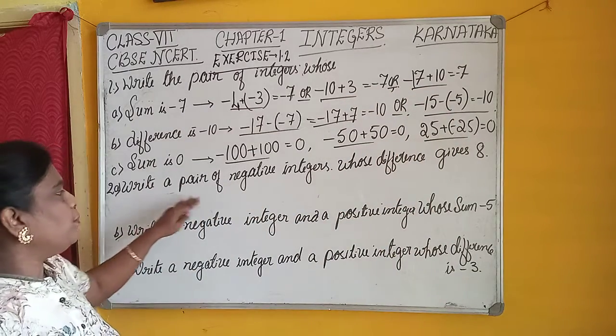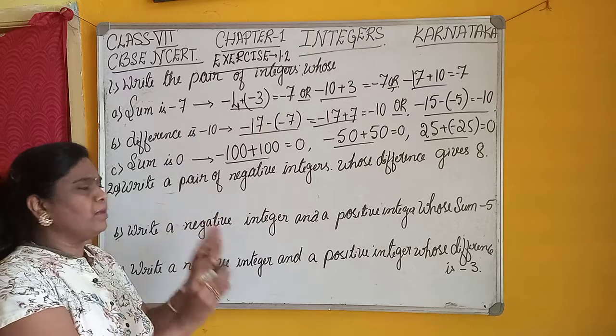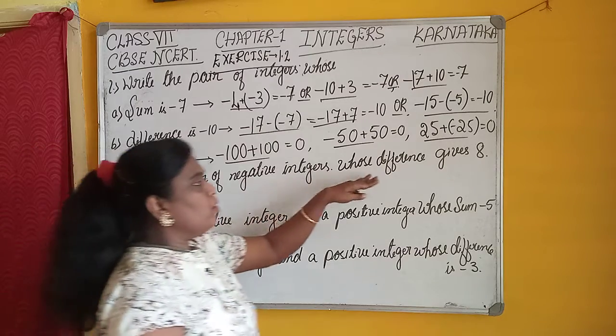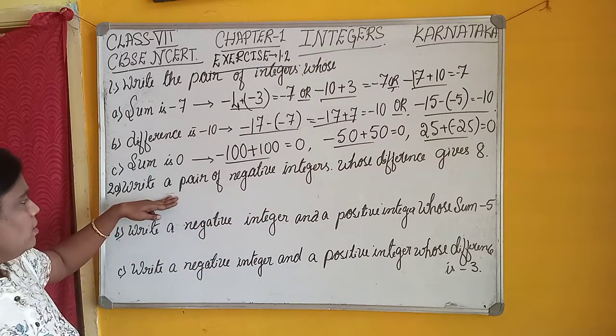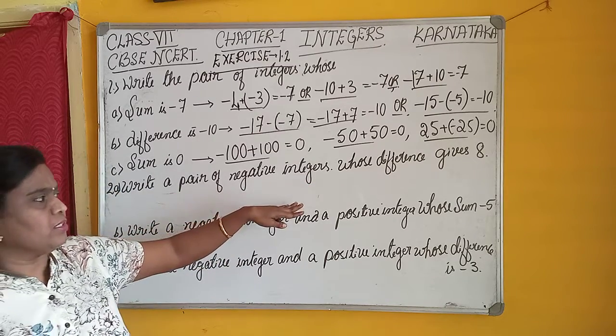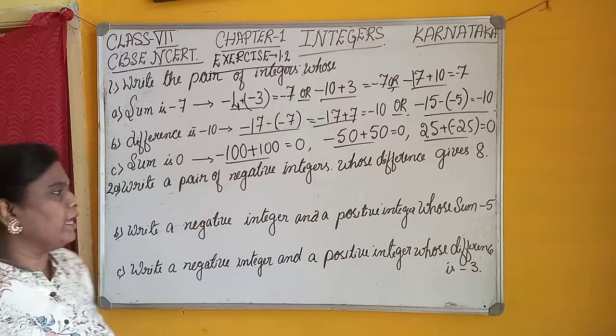Next, write a pair of negative integers whose difference gives 8. Here they mention only negative integers. We have to write the pair of negative integers whose difference makes 8.